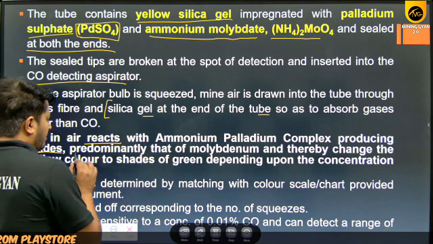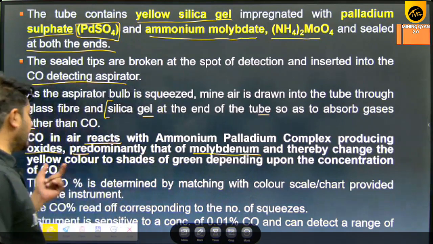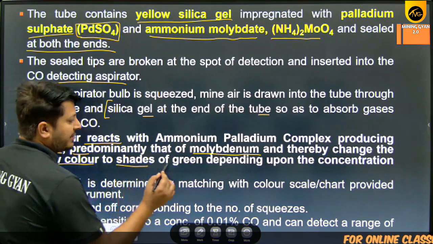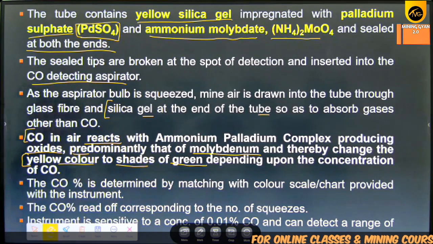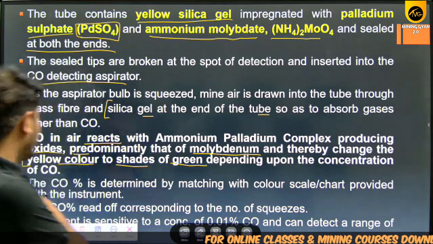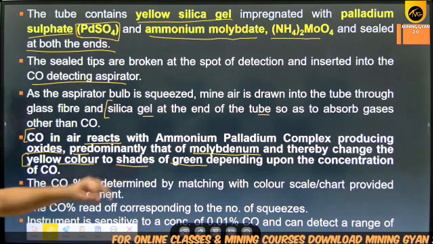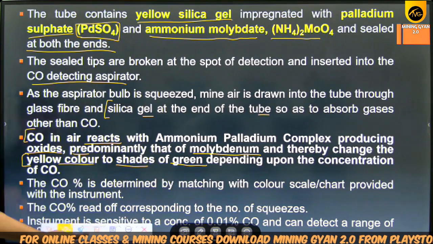It will form the complex oxides of molybdenum and thereby change the yellow color to shades of green, which will depend upon the concentration of carbon monoxide.